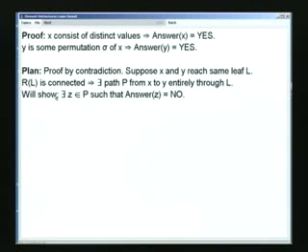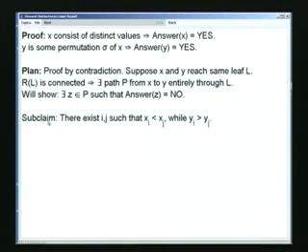What we will show is that there exists a point z on this path P such that the answer to z is a no. Now this will be a contradiction because z lies on P, and P is supposed to lie inside R of L. What we have argued is that the answer is no, whereas the answer for L is supposed to be yes. So this would be the contradiction. So this is what we are going to do.